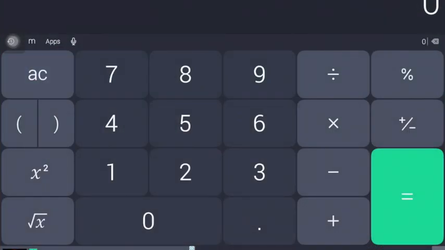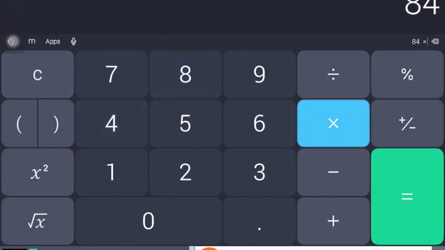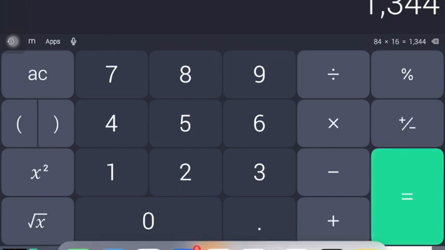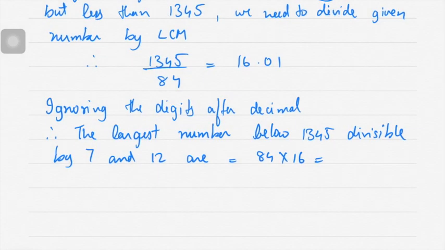When you do 84 into 16, you get 1344. Okay, so 1344 is the final answer.